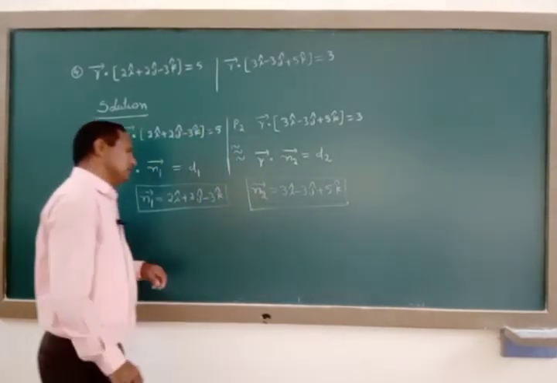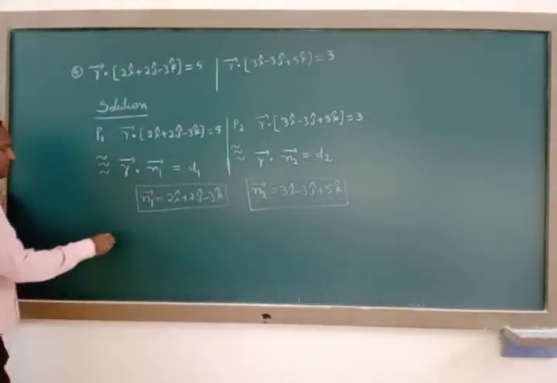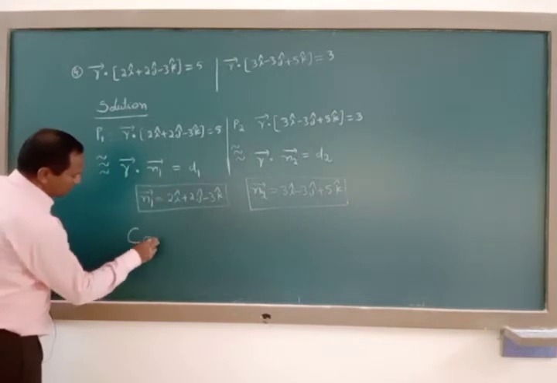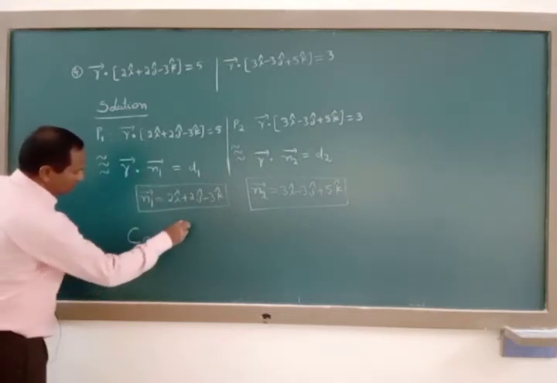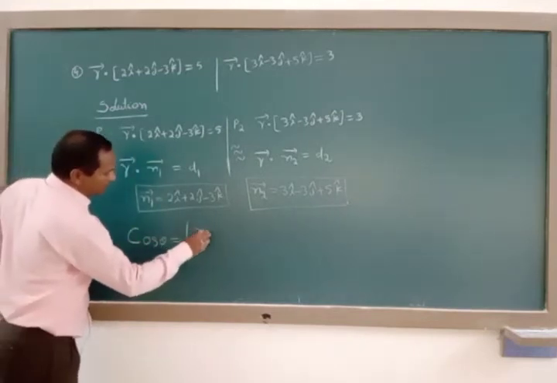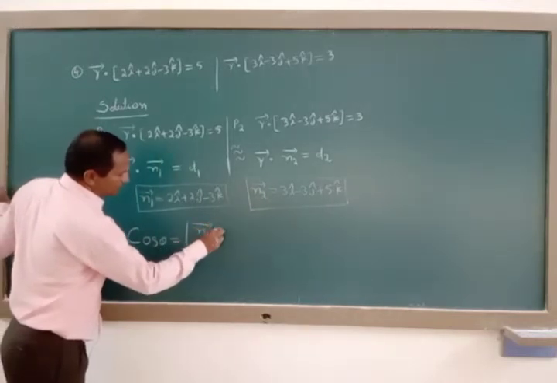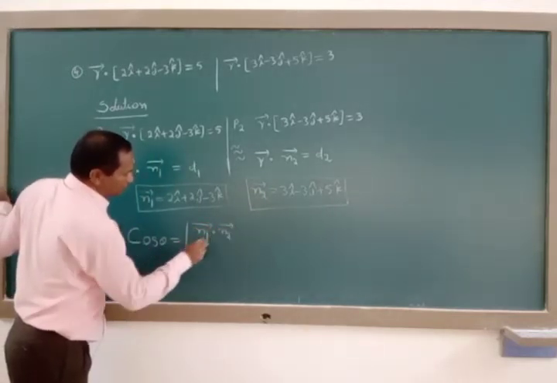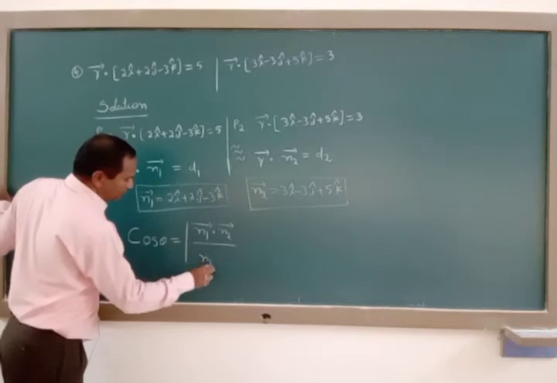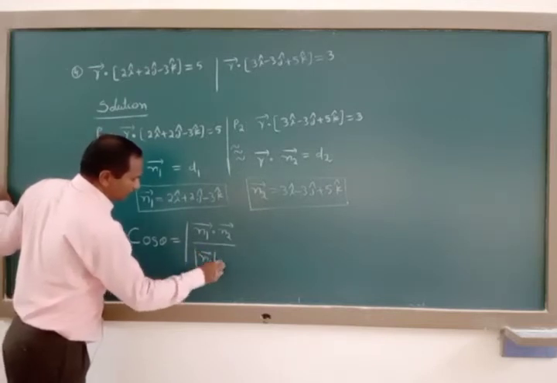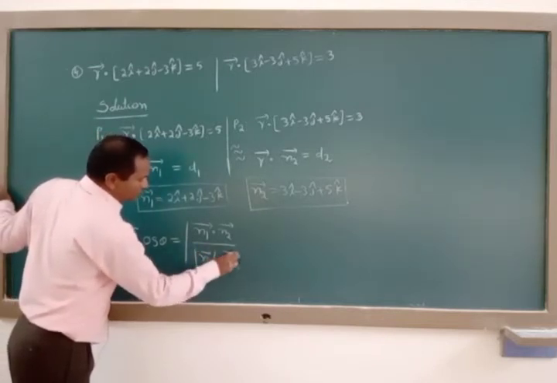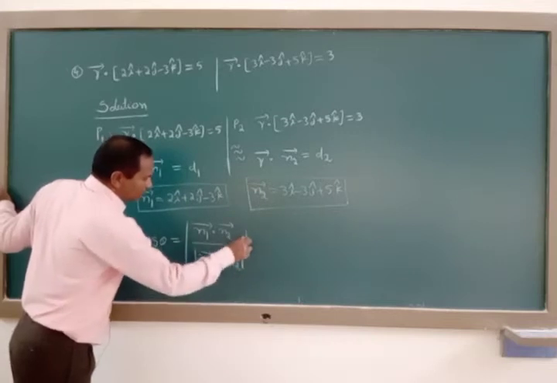Then you have to apply the cosine of the angle between these two planes: cos theta is equal to the modulus of n1 vector dot n2 vector, whole divided by the magnitude of n1 vector into the magnitude of n2 vector. It is the formula.